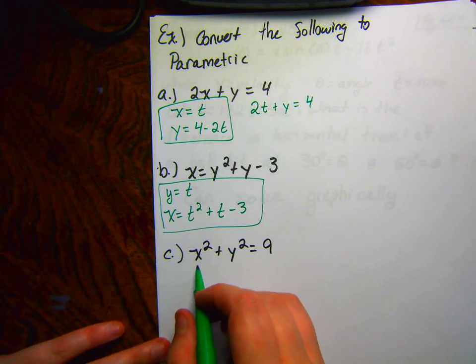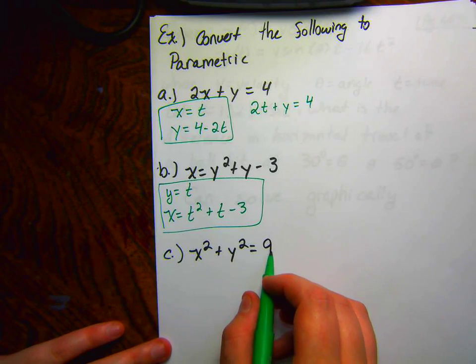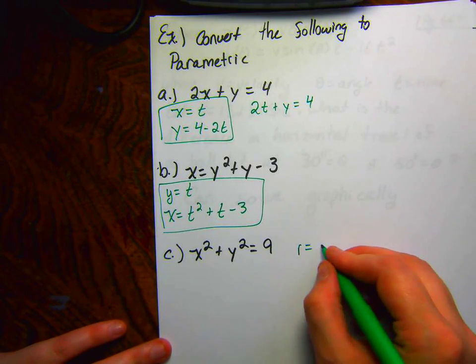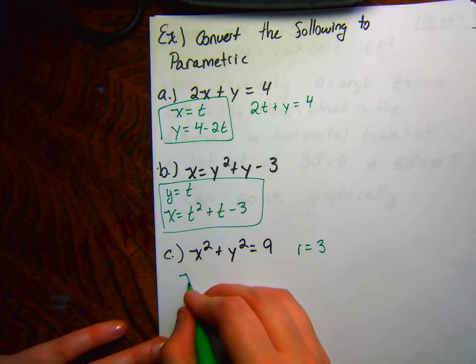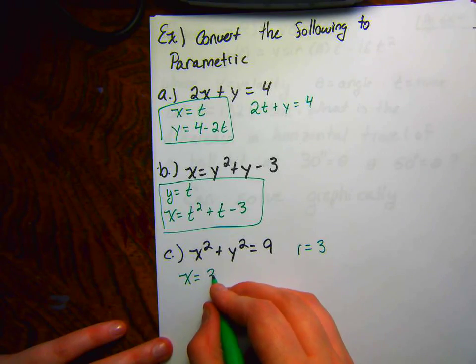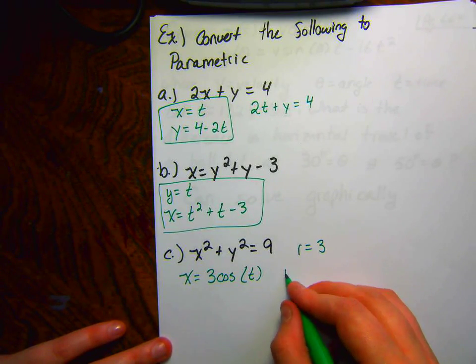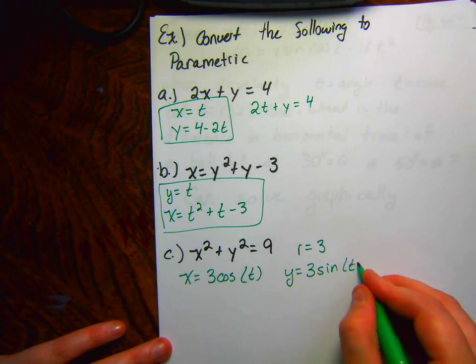Well, I know that x squared plus y squared equals r squared. So that means that my r is 3, because 3 squared is 9. So that means that my x is going to be 3 cosine of t, and my y is going to be 3 sine of t.